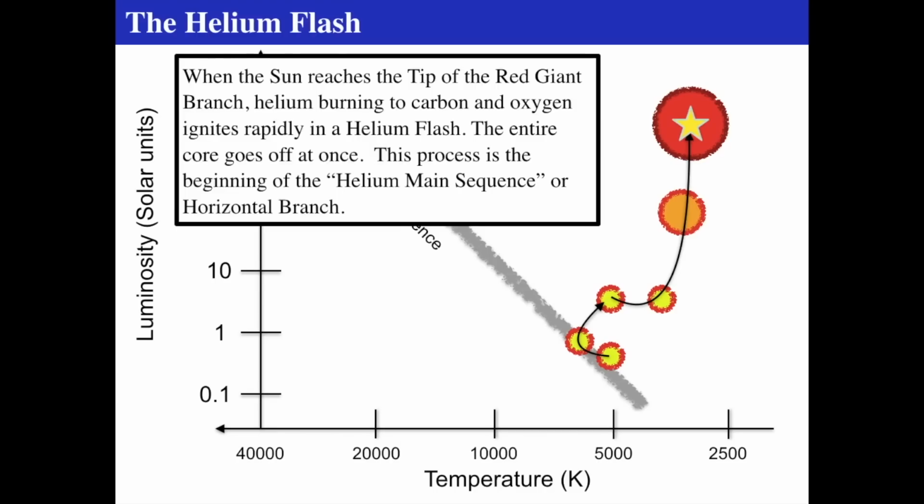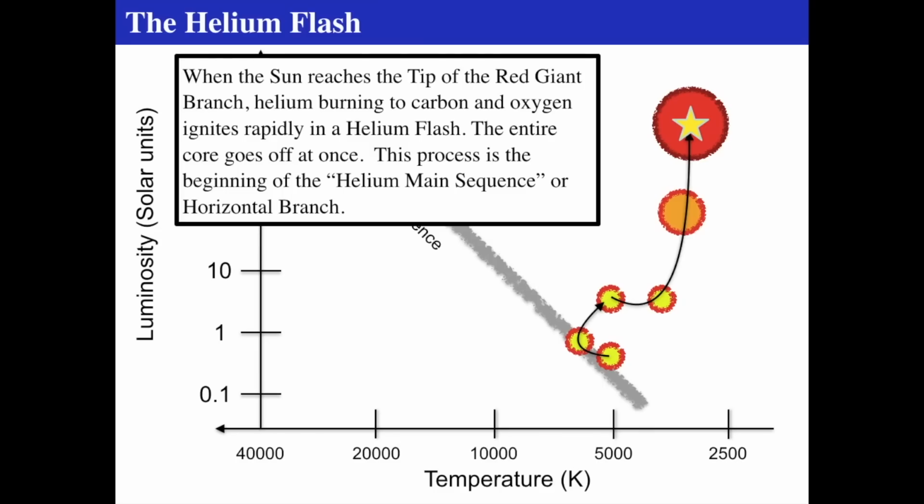And when it does reach that, all of the helium starts burning carbon to oxygen, igniting extraordinarily rapidly in what's called the helium flash. And the helium flash occurs because the protons are getting hotter and hotter and hotter. They're moving faster and faster. The electrons are getting more and more compressed. They can't move. And so they're in what's called a degenerate state.